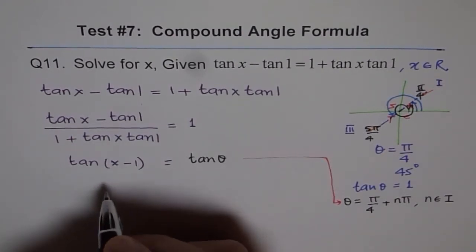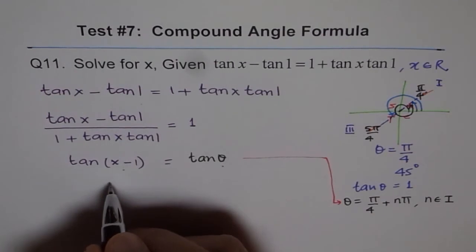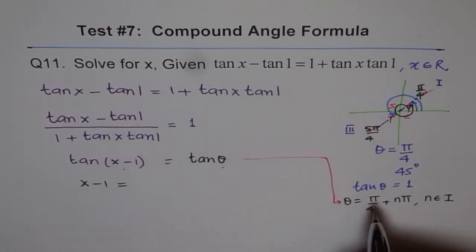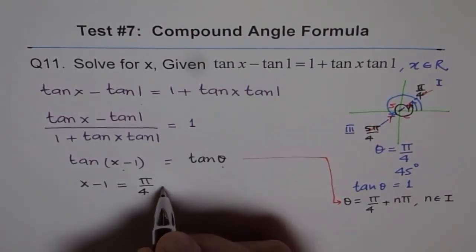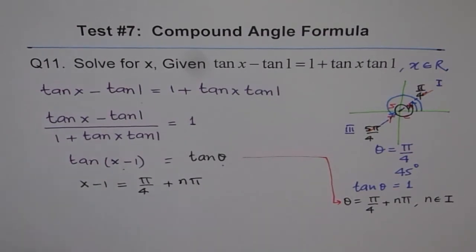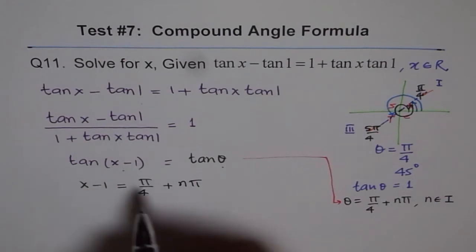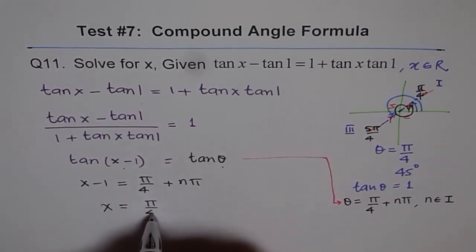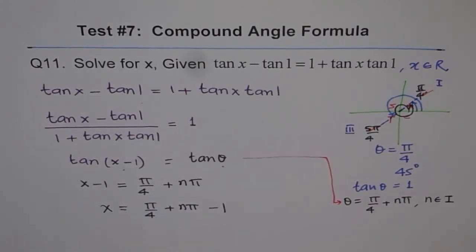So these two angles should be the same. Therefore, we have the solution x minus 1 is equal to pi by 4 plus n pi. That is our general solution. And from here, x is equal to pi by 4 plus n pi plus 1 for this question. So that is the answer.